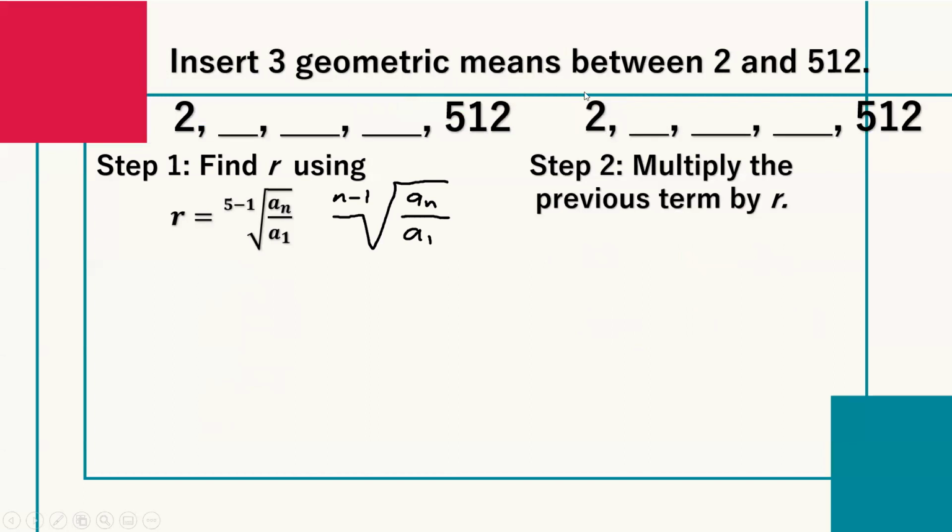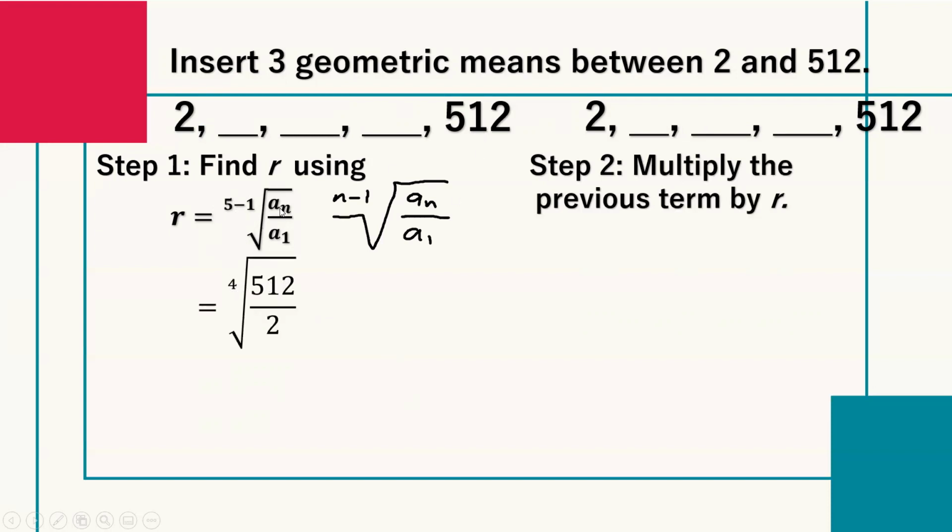Insert 3 geometric means between 2 and 512. Now, since we have 5 terms here, ibig sabihin meron tayong positive and negative values. Ayan. Kaya meron tayong dalawang geometric sequence ditong nilagay. So first, find the common ratio using the formula again. So we have 5 minus 1, that is equal to 4.